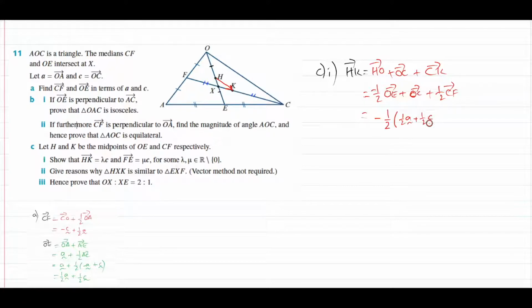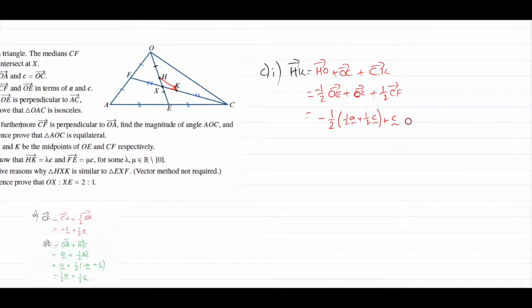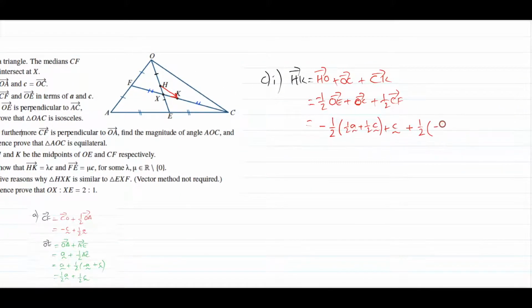Okay, OE, as we've already found in the last video, is negative half of half A plus half C. And then OC is just vector C, I'll bring it right here for a little bit. And then half of CF, as we found in part A, CF is negative C plus half A, and there we go. So you just expand your brackets and then simplify them to get what HK is.